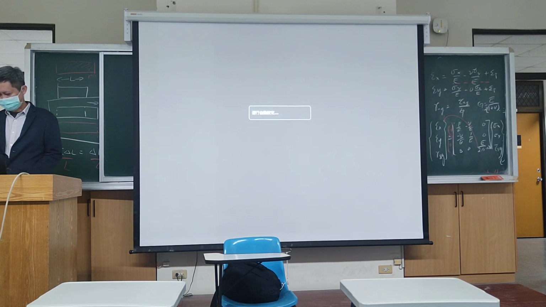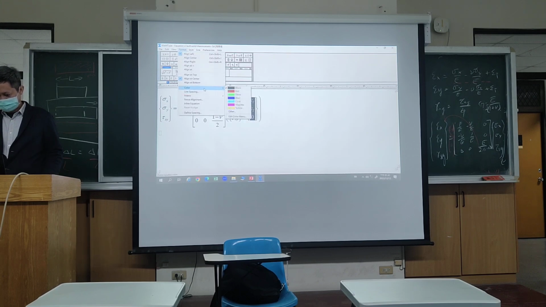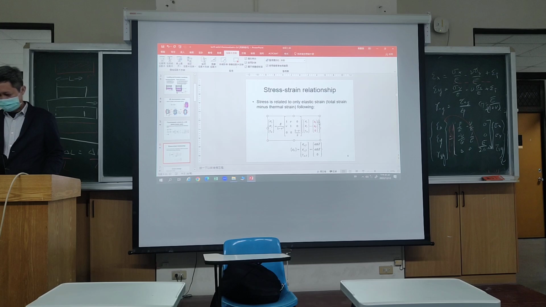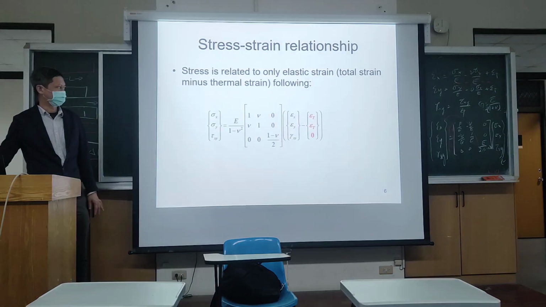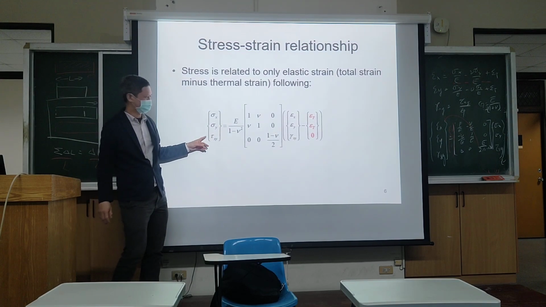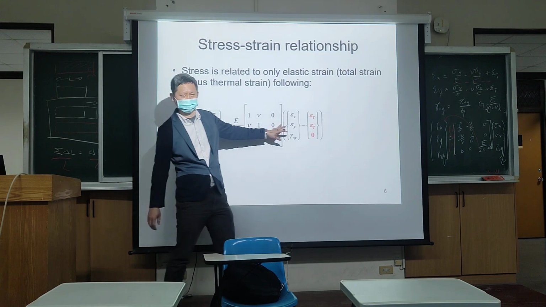So the only thing that is different is in the calculation of mechanical stress. Okay, you are using the difference of total strain and the thermally induced strain. So this is the mechanical stress. It's going to be your constitutive equations times the strain.